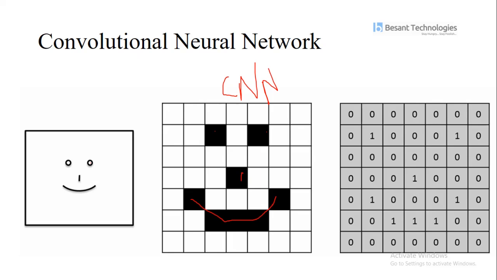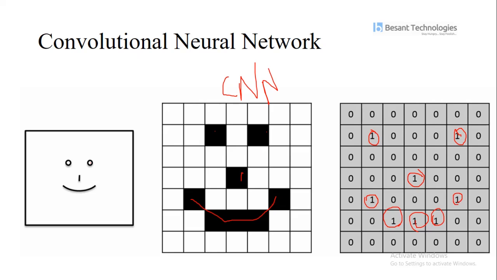So in our output layer we will get a 1 for this, and here also a 1 for this, and here also a 1 for this center image, and here one, and here one, and here one. So now this is how it works, it looks like our happy smiley.